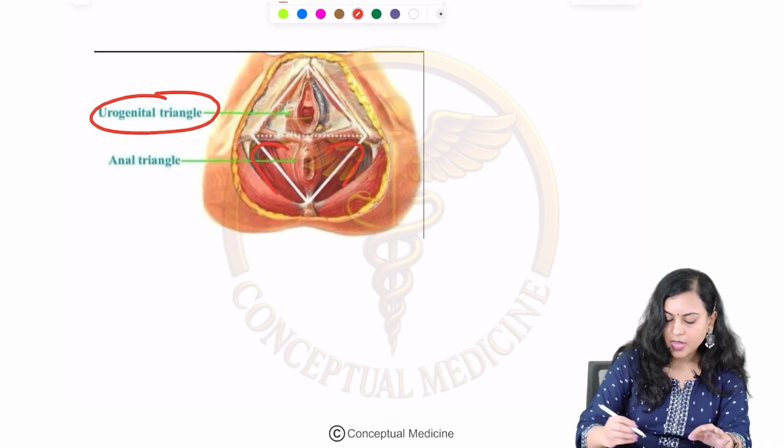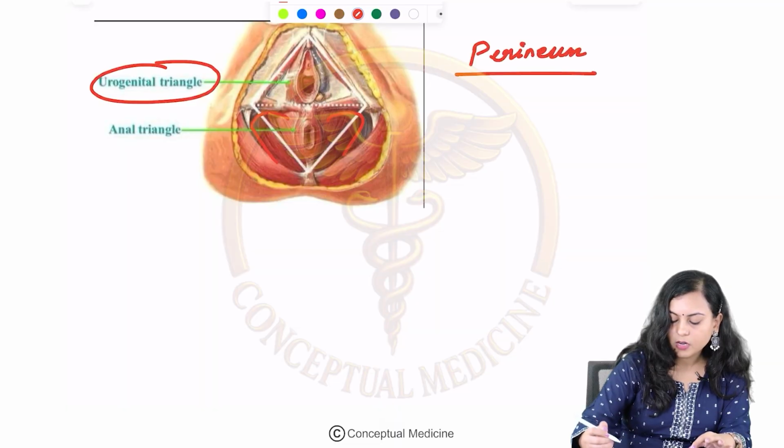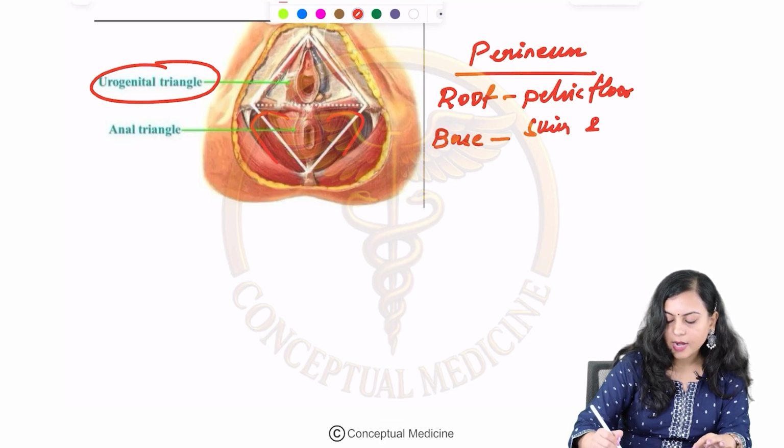We will see it further. And one more point I want you to add is, for the perineum, the roof is formed by the pelvic floor and the base is formed by skin and superficial fascia.